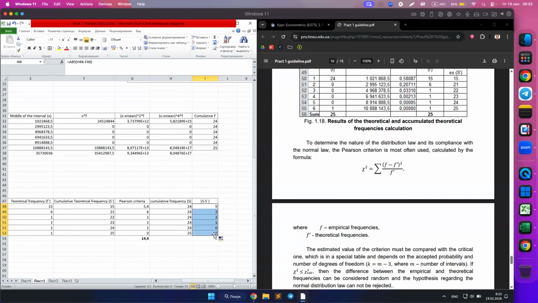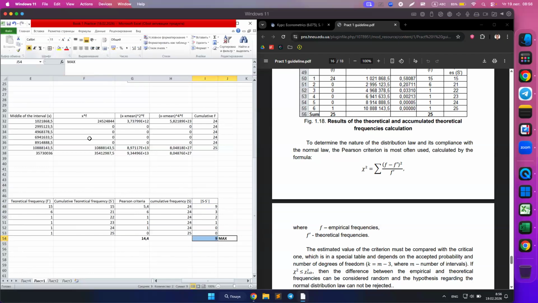Okay, recalculate this column and find the maximum value here. So we have to find the maximum value for this column. Of course, we can see it's 9, but we have to check it with the formula.